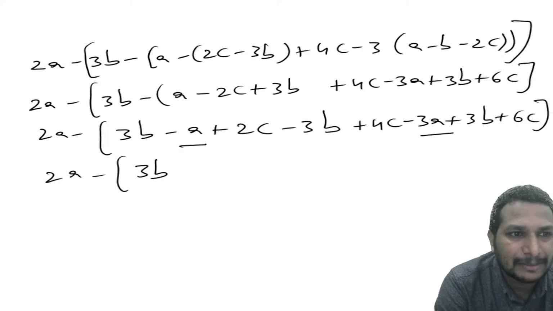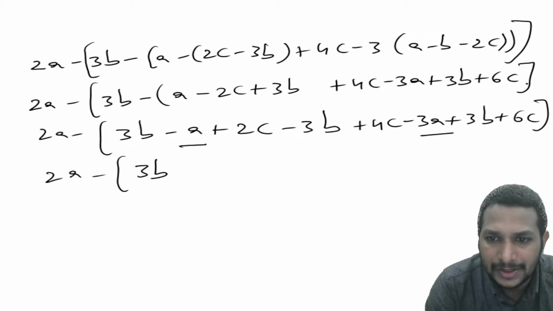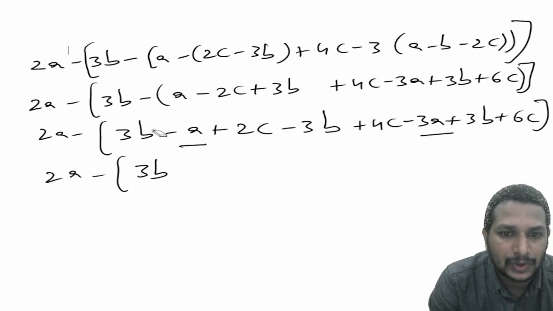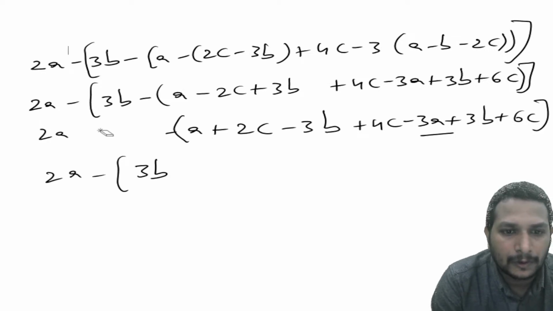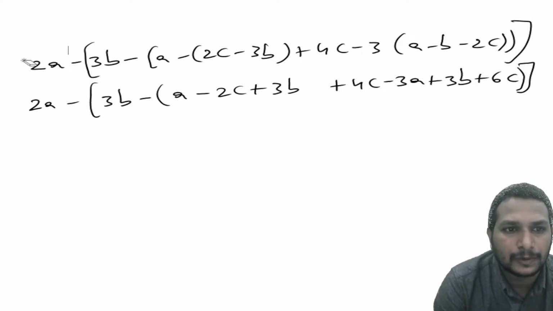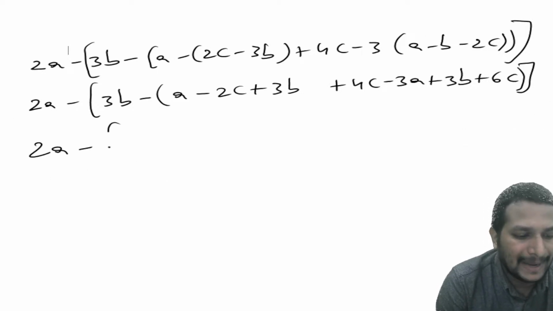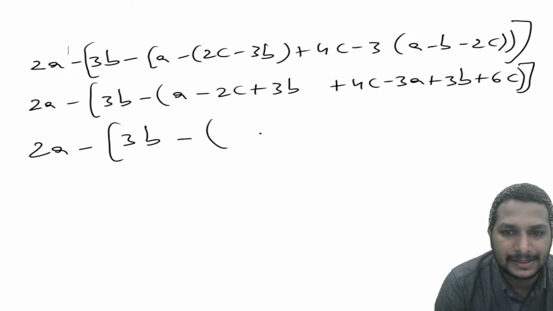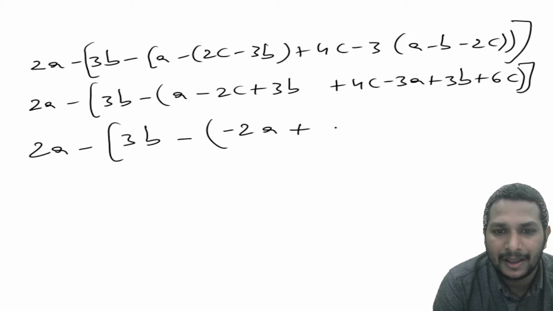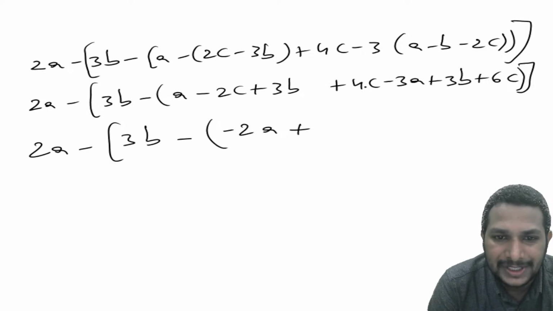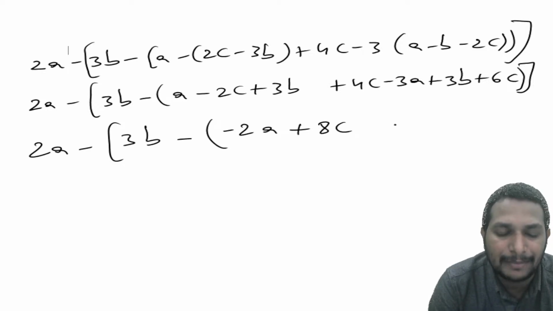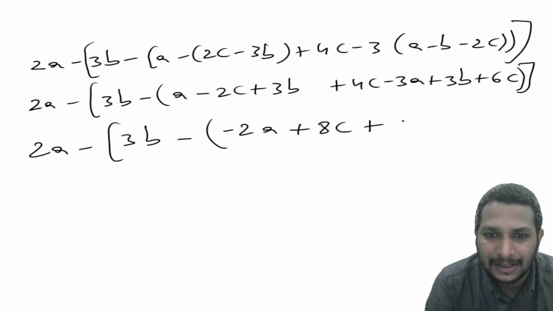Let's try to simplify this single bracket. Minus a minus 3a becomes minus 2a, minus 8c, and coming to the b part, 3b and 3b becomes 6b.